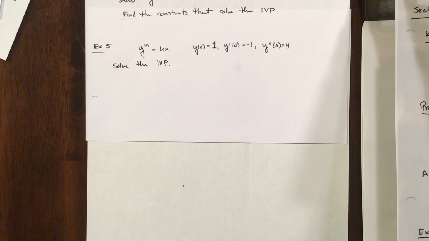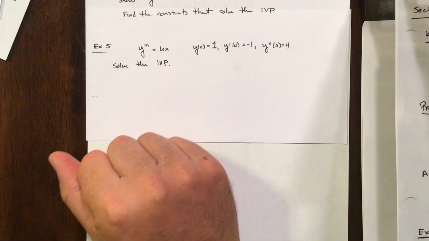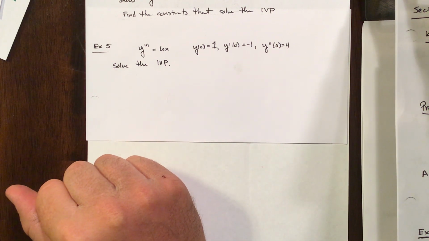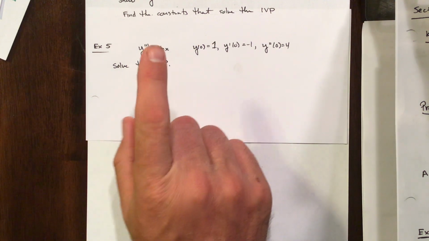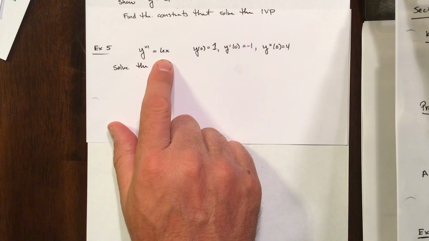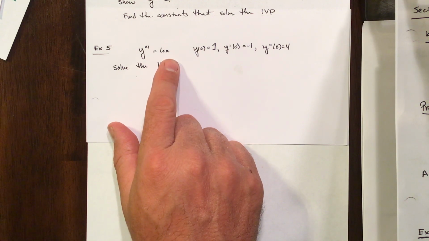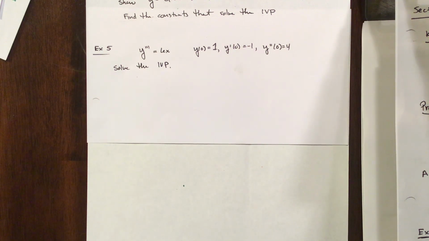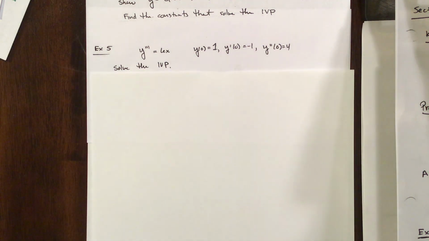Well, what's different about this differential equation from all the others that we looked at? Well, this differential equation, y triple prime equals 6x, involves x and not y. Does this remind you of anything? It should. Okay. This is a simple integration problem.